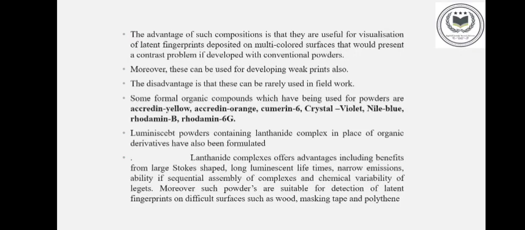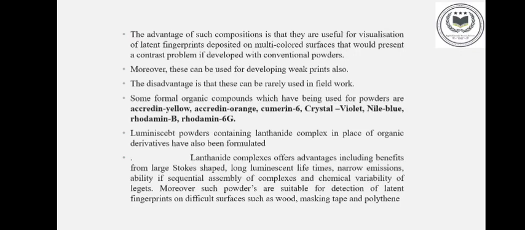Some organic compounds which have been used for powders are acridine yellow, acridine orange, coumarin 6, crystal violet, Nile blue, rhodamine B, and rhodamine 6G. Luminescent powders containing lanthanide complexes in place of organic derivatives have also been formulated.